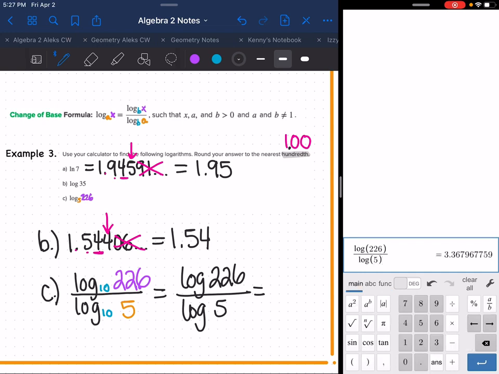There we go. So 3.367. That's enough because I need only decimal 1, 2. And this is the one that's going to tell me, and all these other numbers, they didn't matter anyways. And so my answer is going to be 3.37.